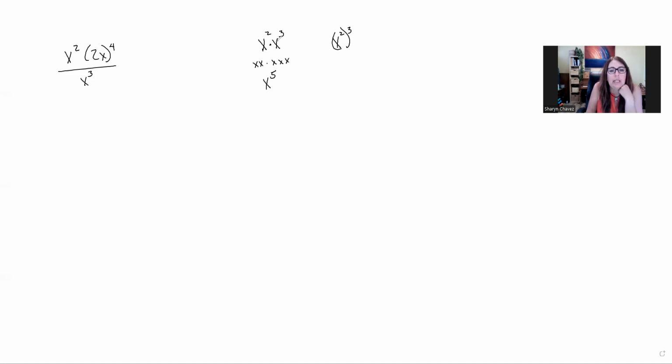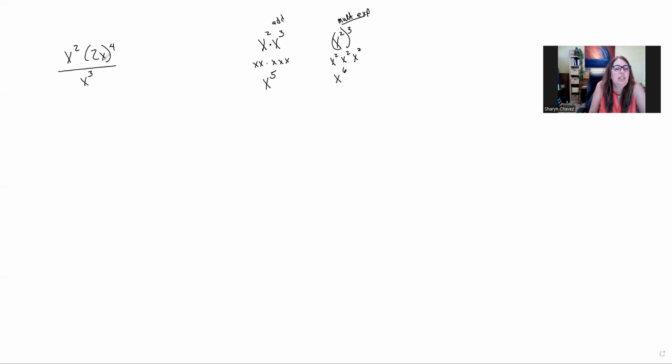So when you're multiplying these terms, we add the exponents. But in contrast over here, this is like having x squared three times, which would be a total of six. And so over here, we multiply exponents. When it's a power to a power, you multiply. And if you've got two variables being multiplied, we add the exponents.